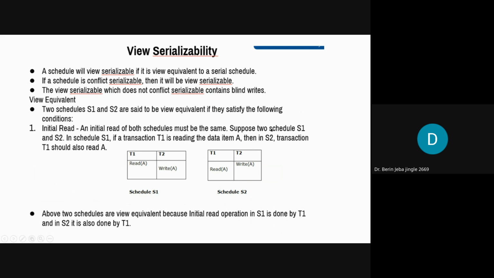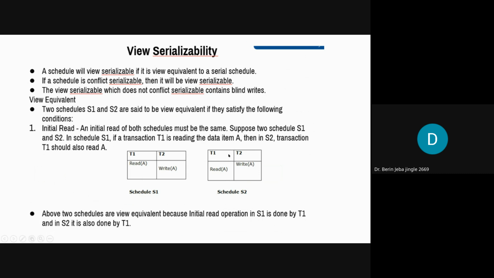Suppose two schedules are there, S1 and S2. In schedule 1, if the transaction T1 is reading the data set A, then in schedule 2 also T1 must read the same data set A. That is the condition.